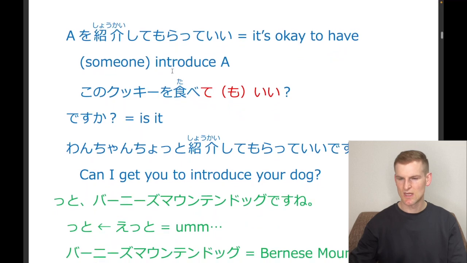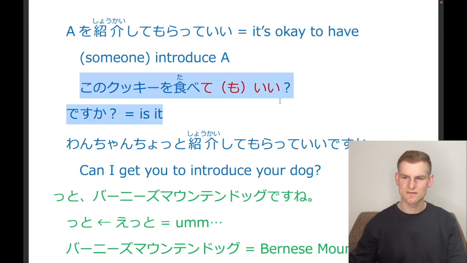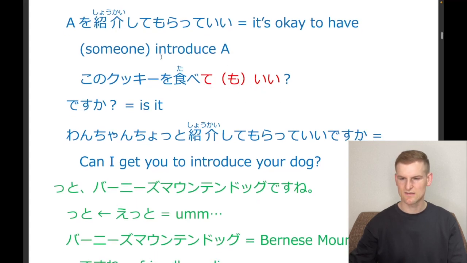For example, このクッキーを食べてもいい is, is it okay for me to eat this cookie or these cookies? も is optional. You'll see it added in a lot of cases, but in the dialogue, I didn't actually use も. So, A を紹介してもらっていい, it's okay to have someone introduce A. You're kind of giving permission in this case.